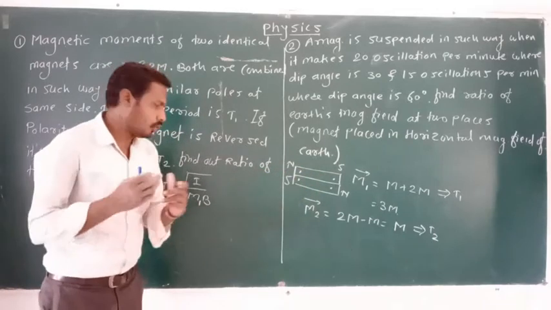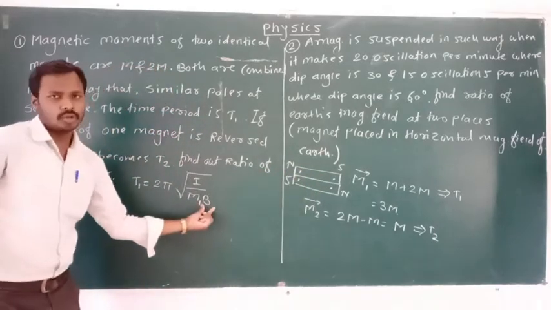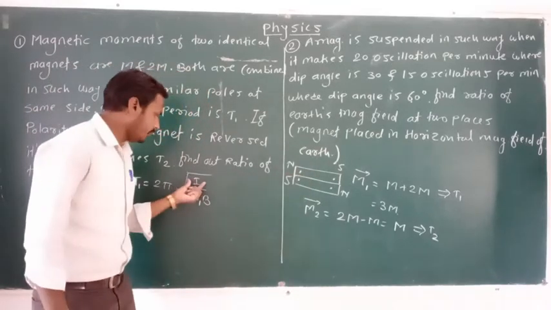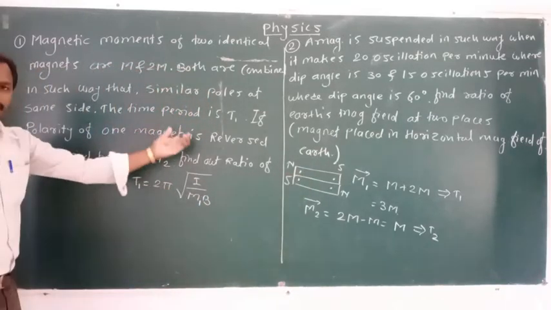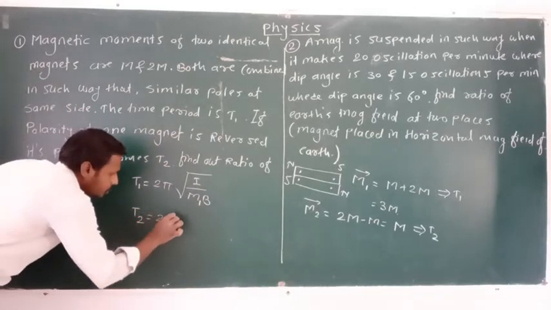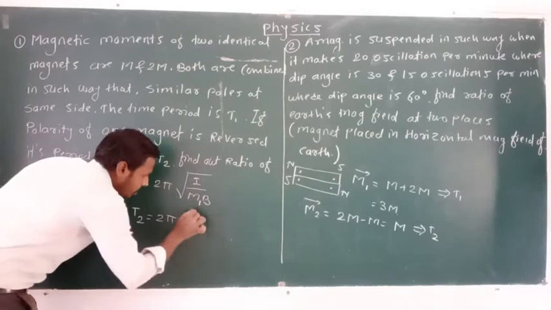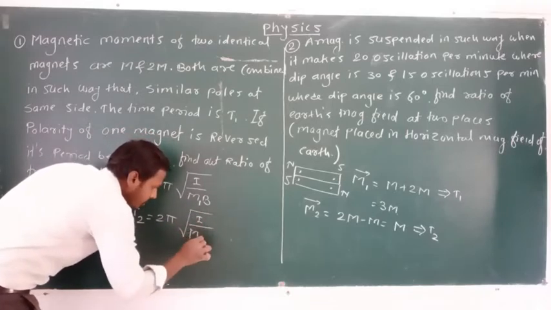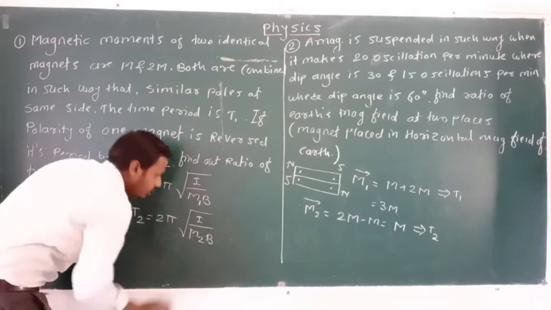For that purpose B is constant, and there is no effect on the moment of inertia, that is I becomes constant. Then we can write t2 is equal to 2 pi under root I divided by m2 into B.